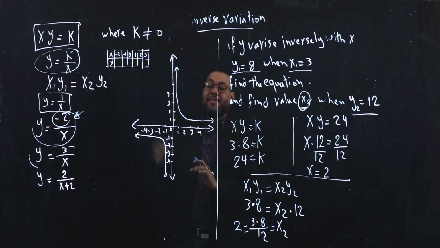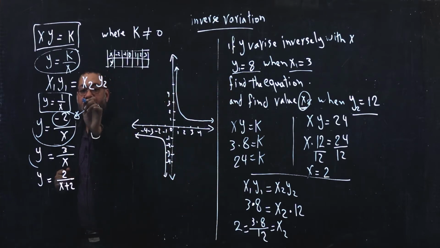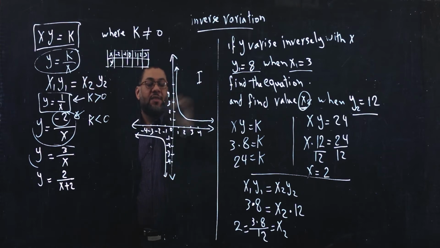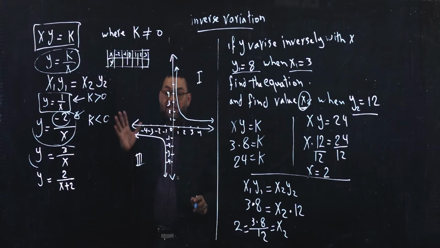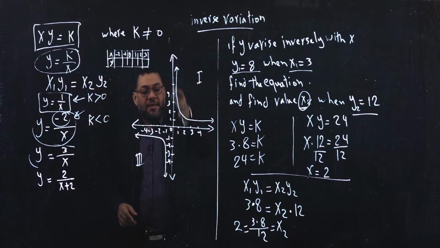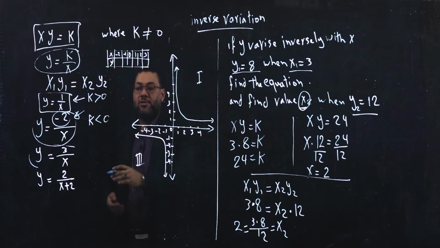But if it's -2 here, look at this. K is smaller than 0. In the first equation, we have k greater than 0, equals 1. But here, k is smaller than 0. It's -2. So, if k is positive, it will be in the first quadrant and the third one. If k is greater than 0, it will be drawn like this in the first quadrant and the third quadrant.